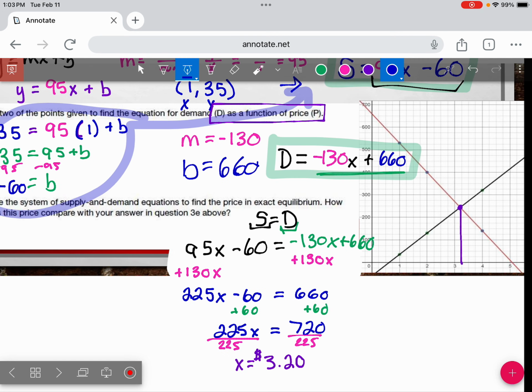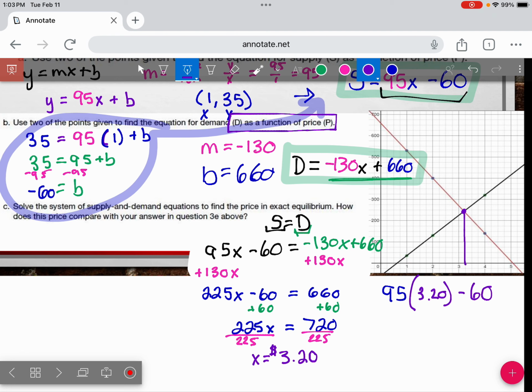I mean, supply has generally less icky numbers because it's positive. So we'd take our 95 and we'd substitute in that $3.20 minus 60. And we could do that to figure out what that value is.